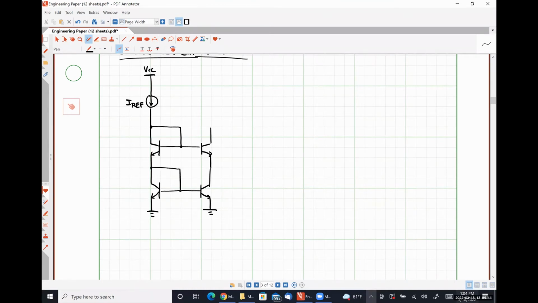Where effectively we just have two current mirrors stacked on top of each other. So we cascode the current mirror formed by transistors Q1 and Q2 with an additional current mirror formed by transistors Q3 and Q4, right?